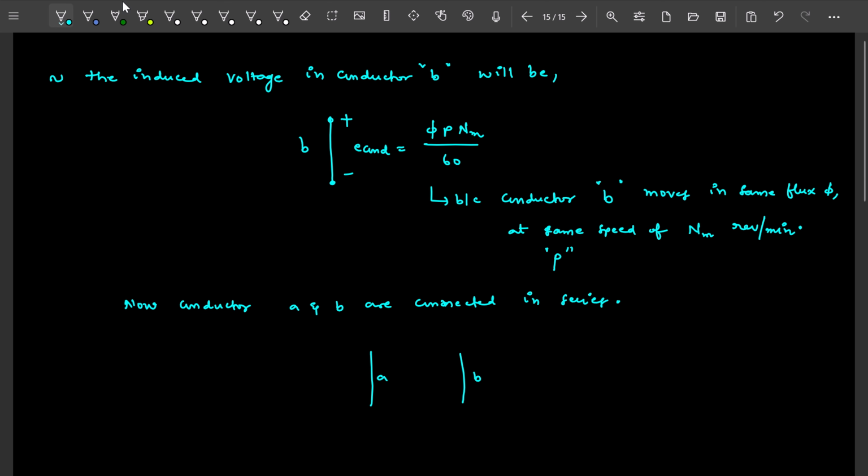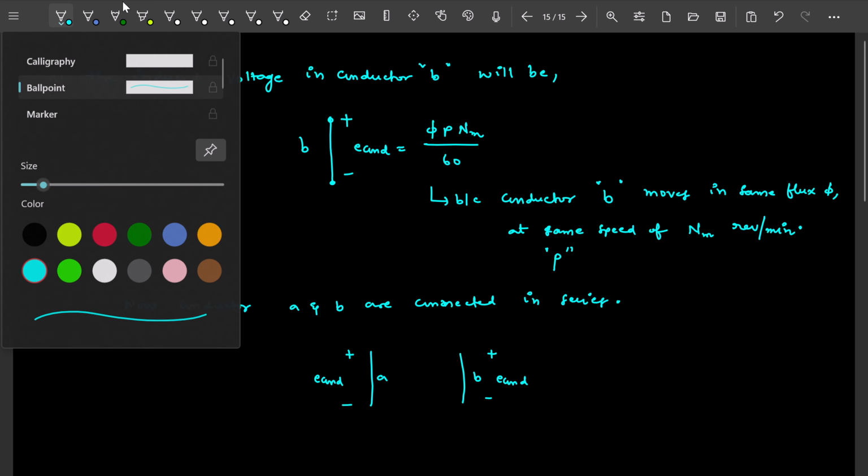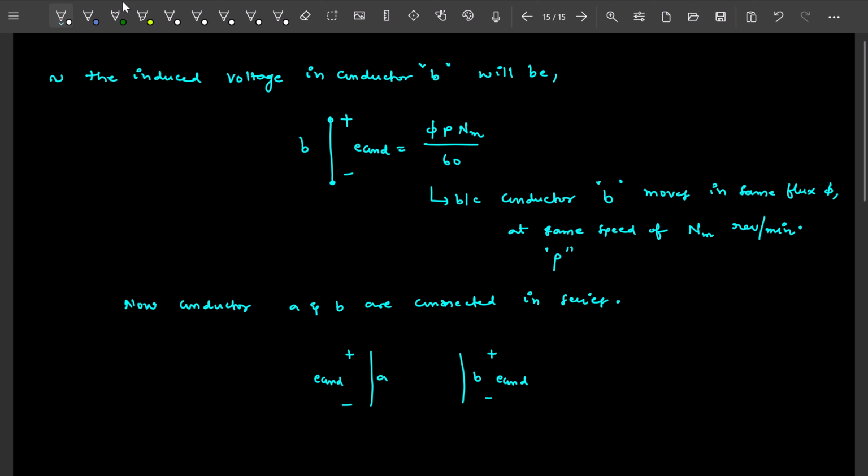Okay, and across this conductor we are going to have the voltage E conductor, and here also we are going to have the conductor voltage E conductor. Now these two conductors are connected in series like this.